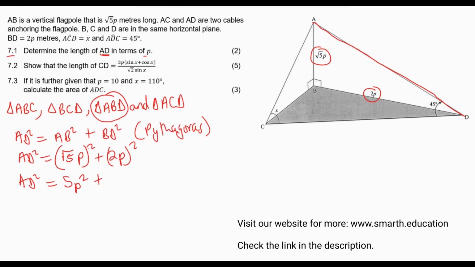Then plus 2P squared, we'll get 4P squared. And then AD squared is equal to 9P squared. Then we can square root both sides, and then what do we get? AD is equal to 3P. So this is 3P.